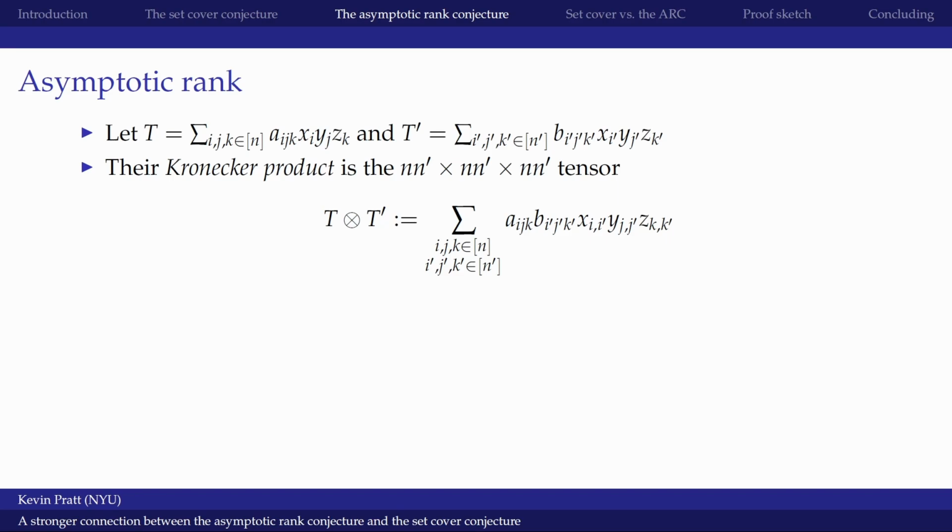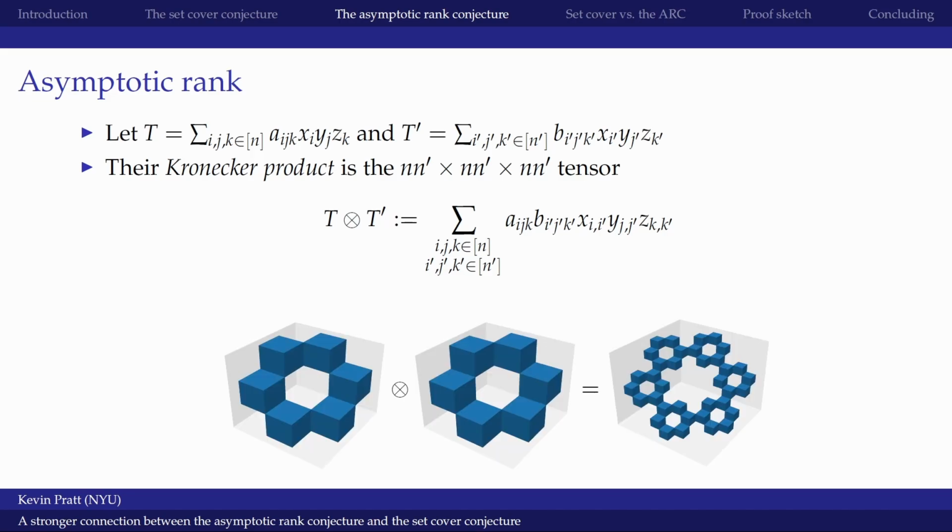So that's, in words, what this formula here says. And this is nothing complicated. It's just the most obvious way of generalizing the Kronecker product of matrices to 3-dimensional arrays. So, for instance, here's a picture of what taking the Kronecker product of the Coppersmith-Winograd tensor with itself looks like.